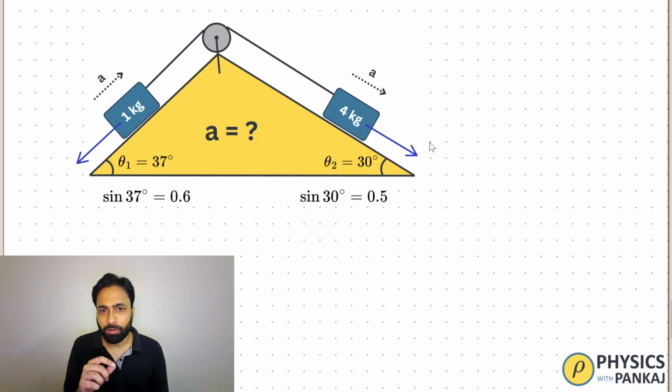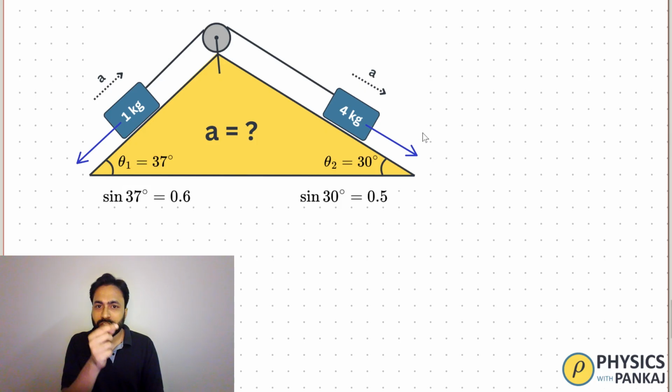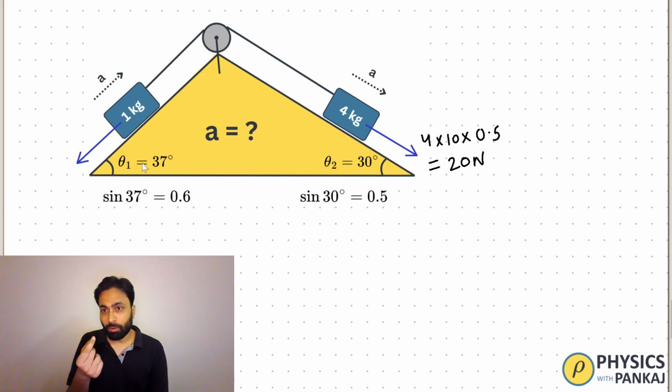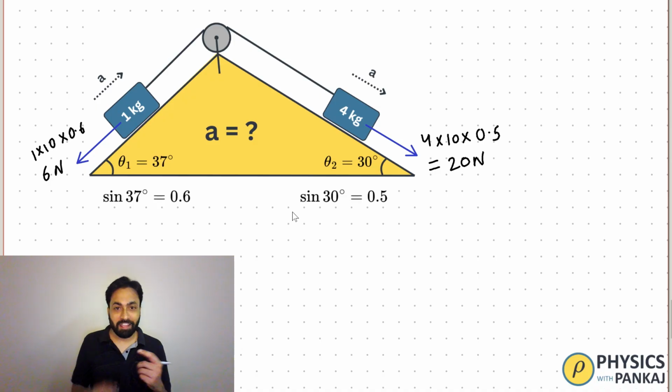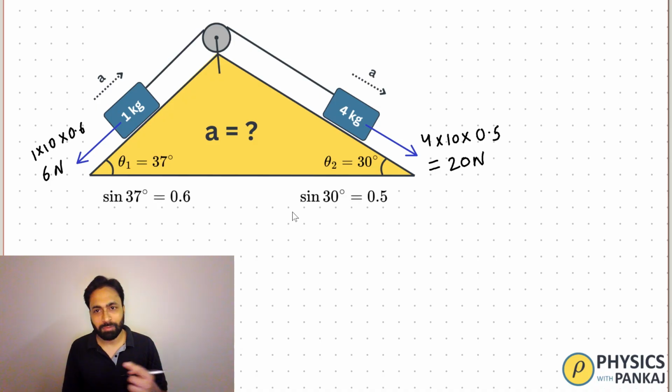For the 4 kg block, it would be mg sine theta, that is 4 times 10 times sine 30 degrees, which is 0.5. So 20 newtons. For the 1 kg block, it would be mg sine 37 degrees, that is 1 times 10 times 0.6, because the value of sine 37 is 0.6. So 6 newtons.